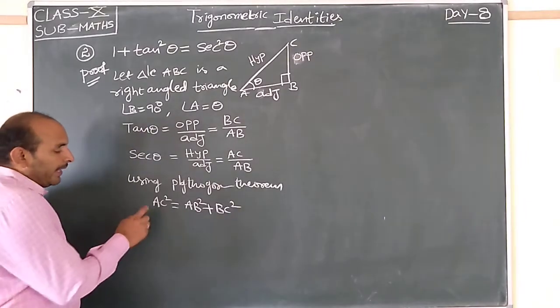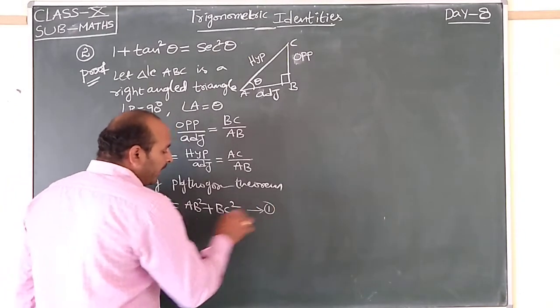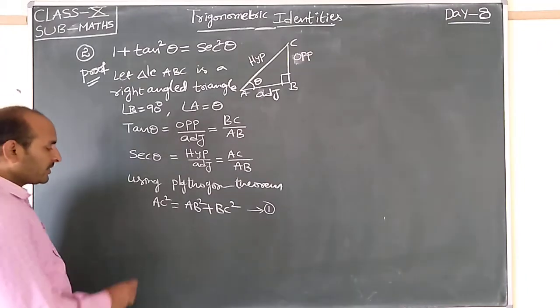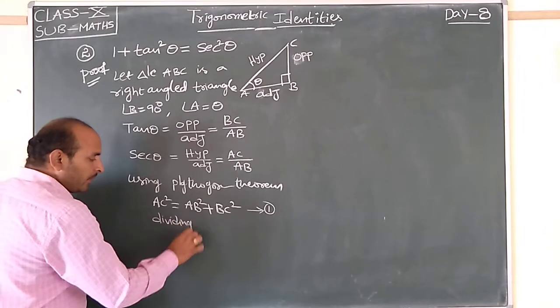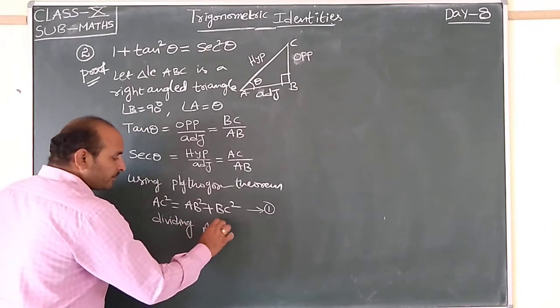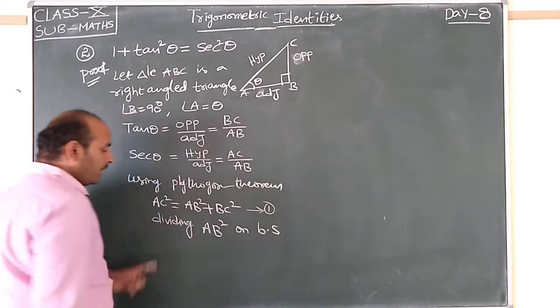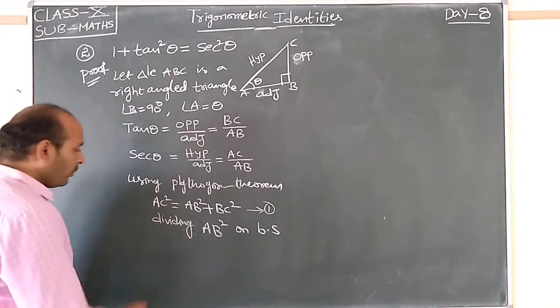So next, in this equation, we have to divide each term by AB square. Dividing AB square on each term on both sides.